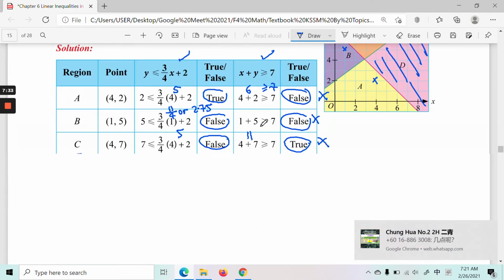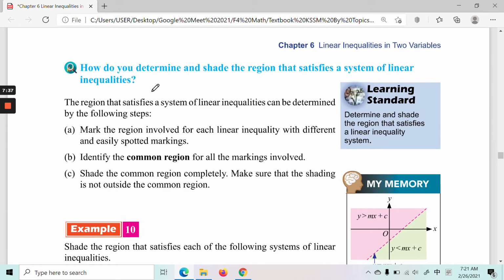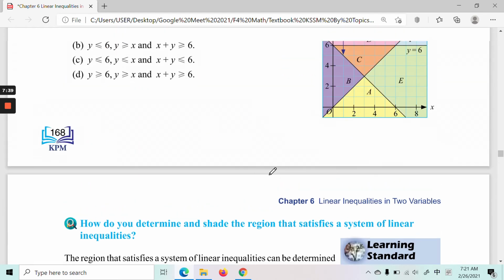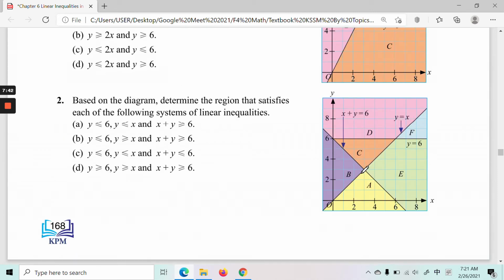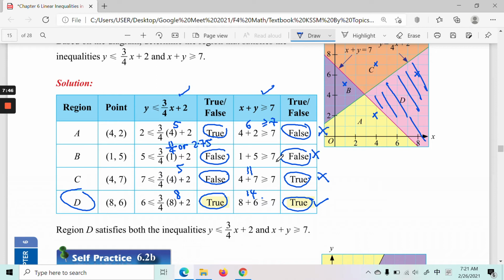So this part you learn how to shade the region that satisfies the system. Actually you have two methods here. First method is you substitute the point, build this table, and then you check whether the region is satisfied or not. One by one you check like this. Then you choose the region where both are true, then that region is your answer that satisfies the system.